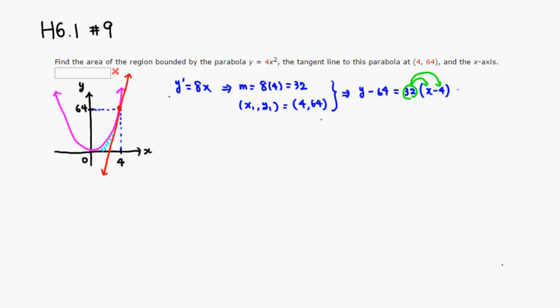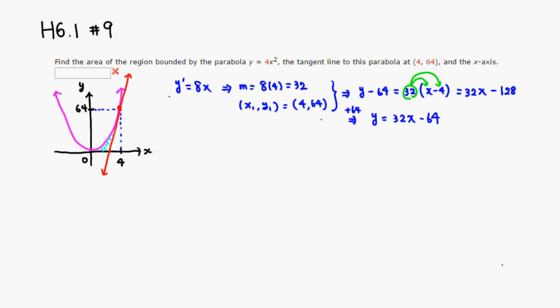We get 32x minus 128, since 4 times 32 is 128. Then we add 64 to both sides so that we can isolate y, so it's 32x minus 64.